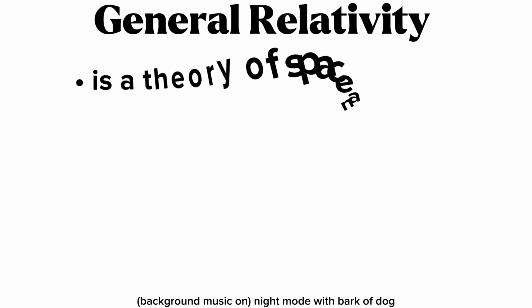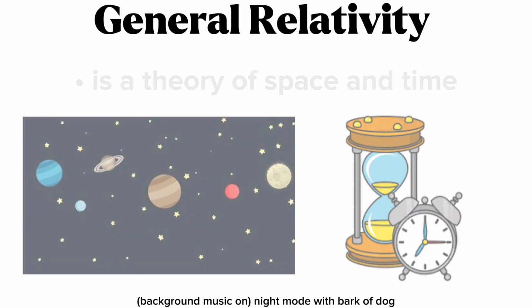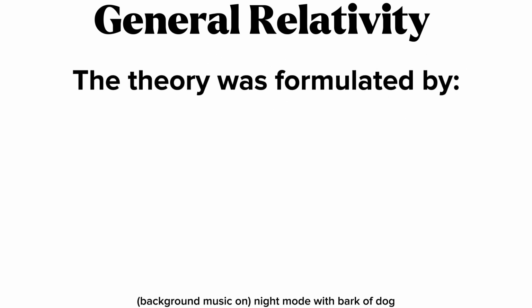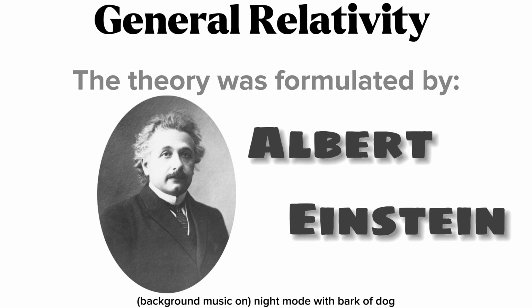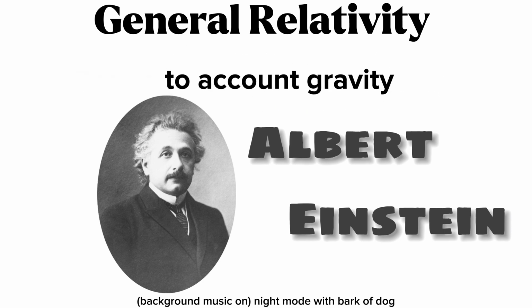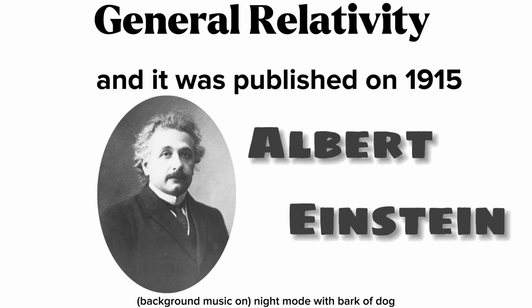General relativity is a theory of space and time. The theory was formulated by Albert Einstein to account for gravity, and it was published in 1915.